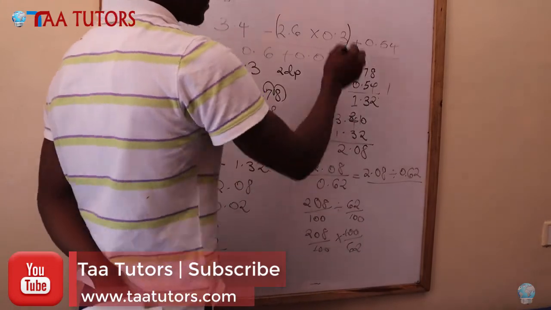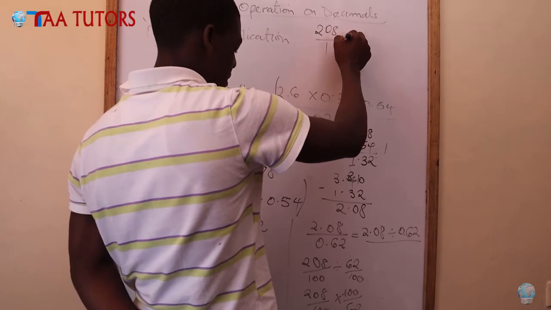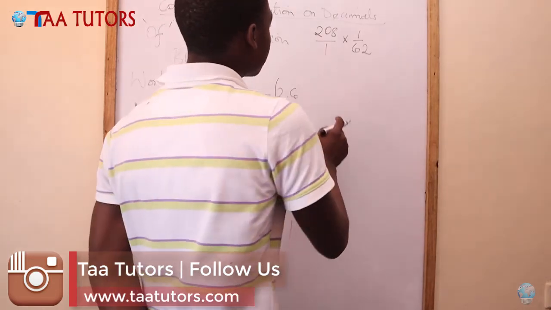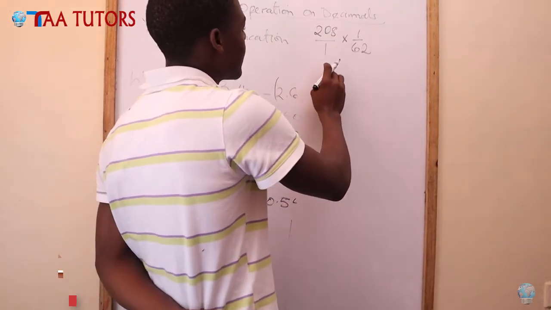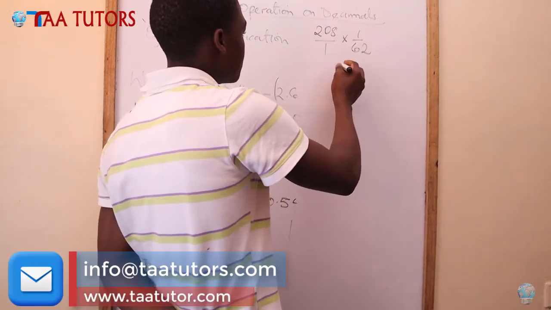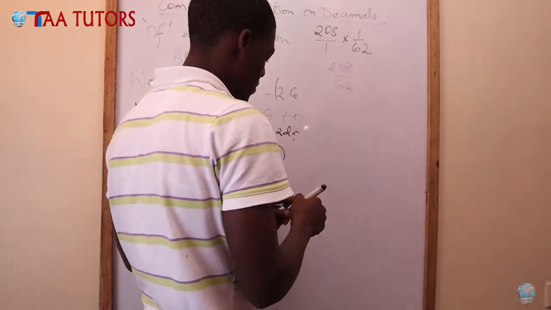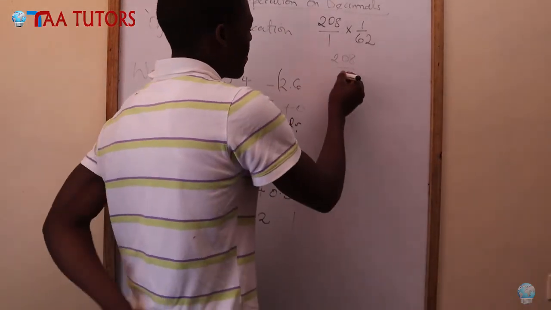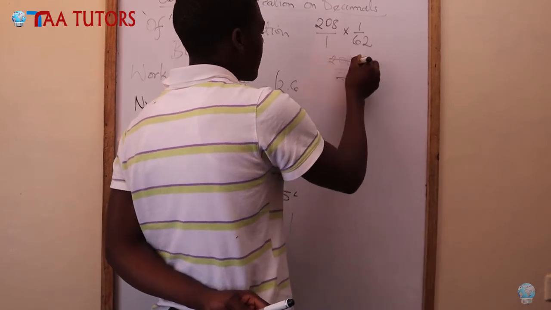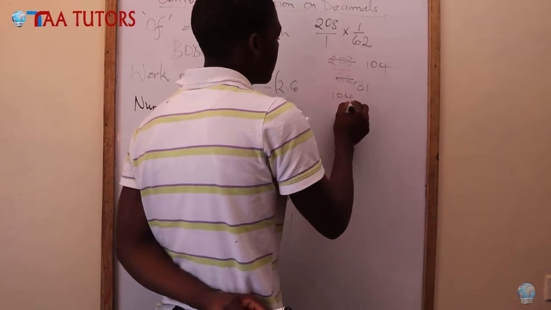Whatever we have there will be 208 over 1 multiplied by 1 over 62. This one can be 208 over 62. We simplify by 2. This will be 104 and this one will be 31. So we have 104 over 31.